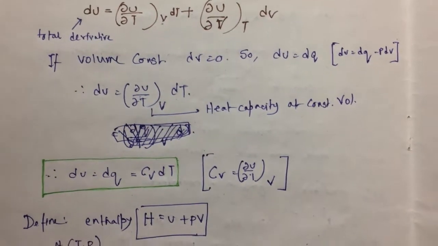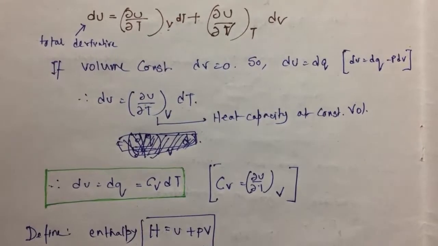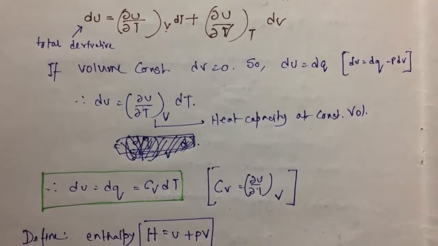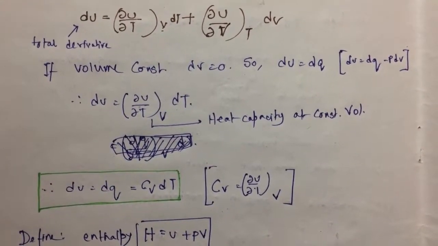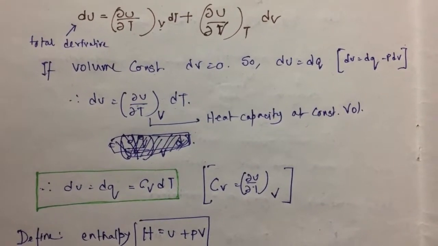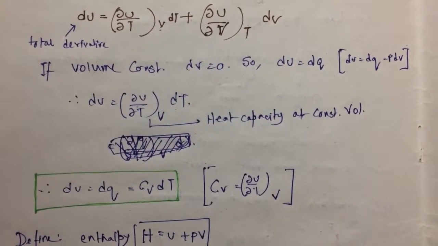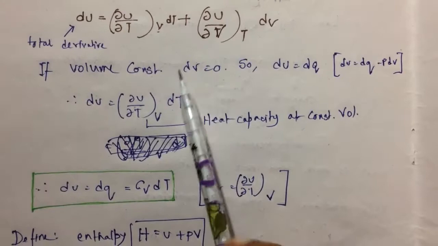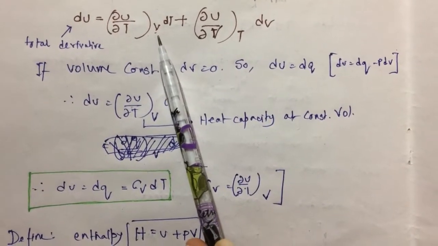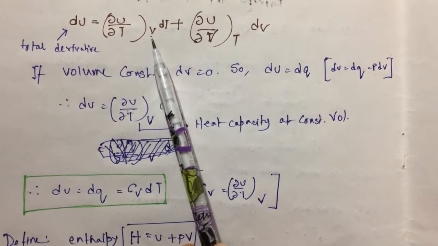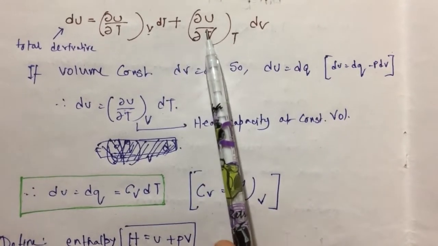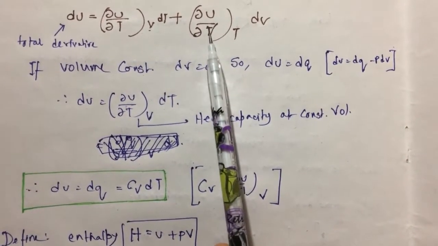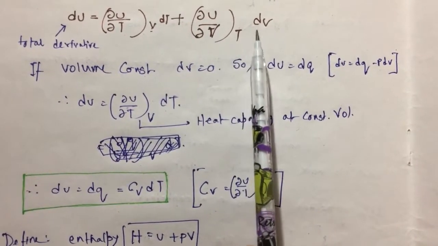So if U is a function of temperature and volume, the total derivative dU is equal to the partial derivative of U with respect to temperature at constant volume times dT, written with the volume as a suffix outside the bracket, plus the partial derivative with respect to volume at constant temperature times dV.